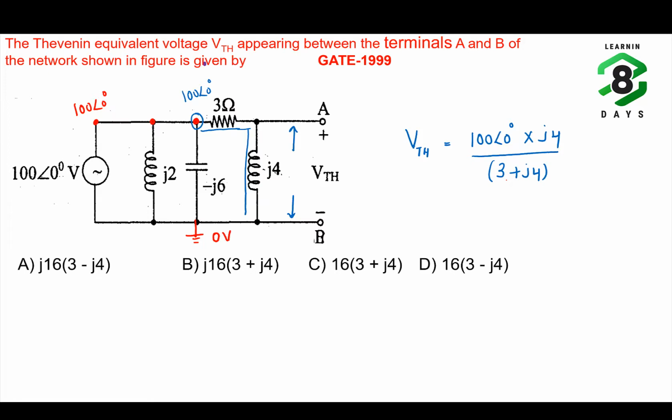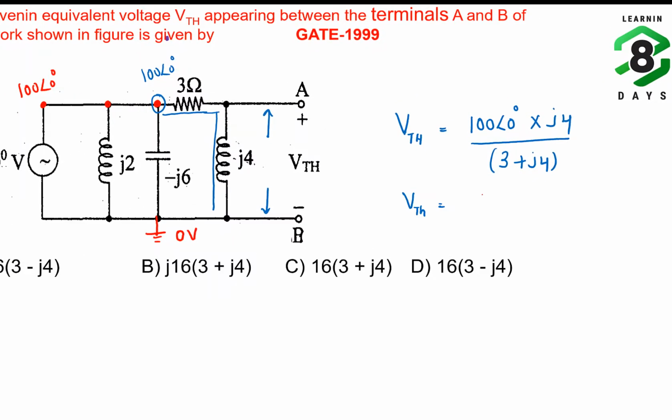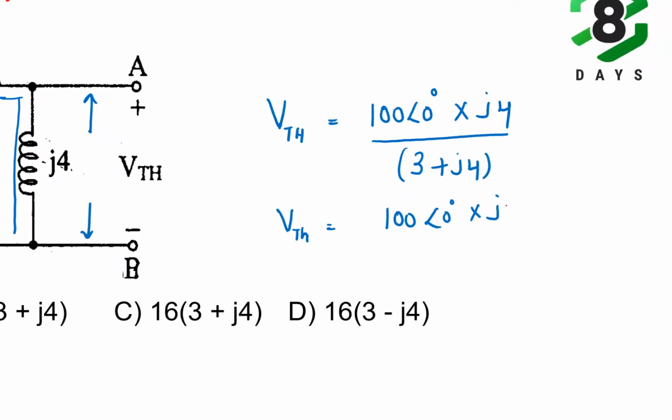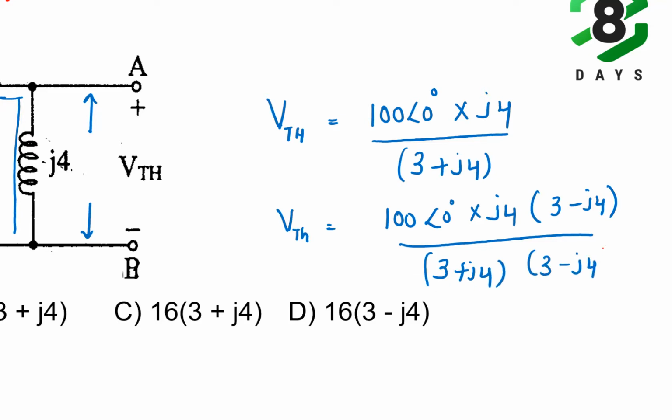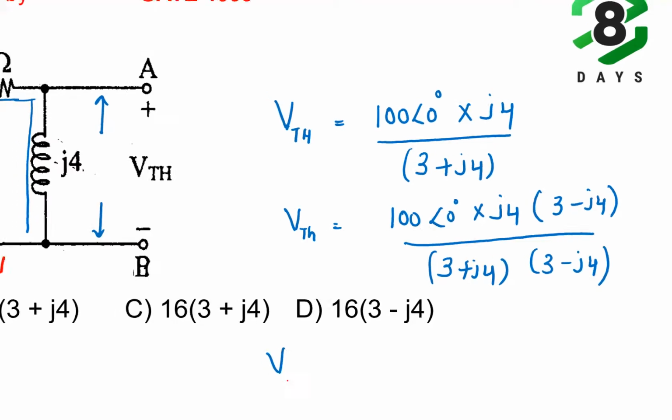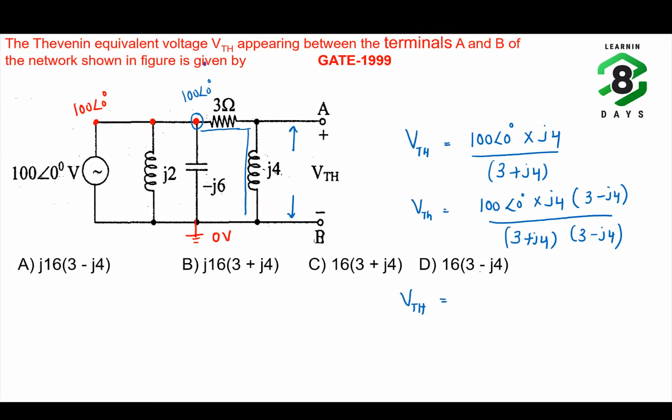To bring it to our form, it's very simple. Multiplying with the complex conjugate. What is the complex conjugate of 3 plus J4? 3 minus J4. So divided by (3 plus J4) into (3 minus J4). VTH will become 100 into J4 into (3 minus J4), divided by 25.